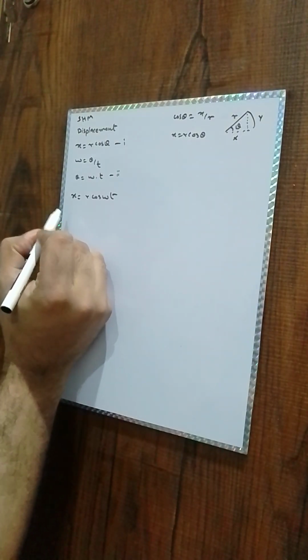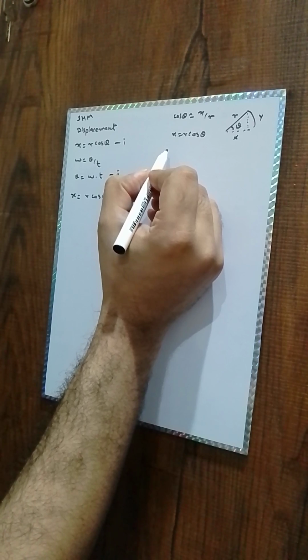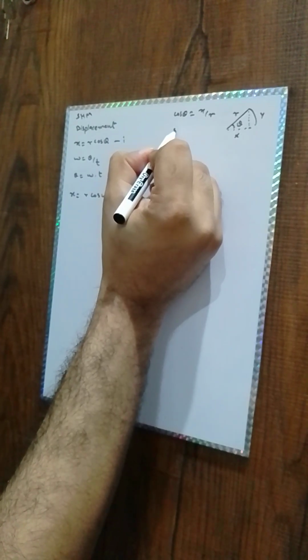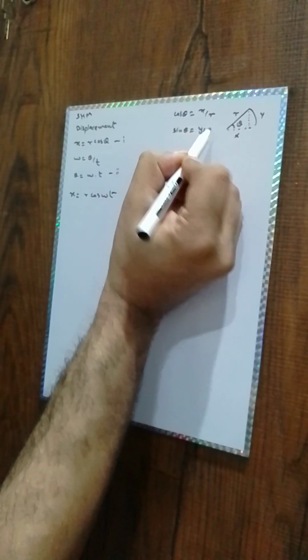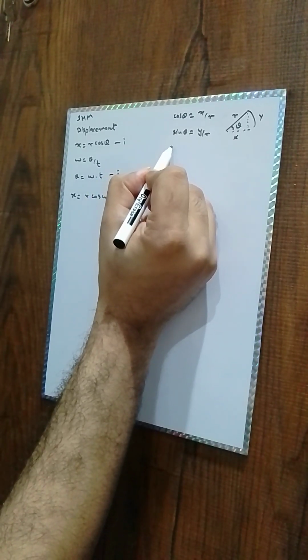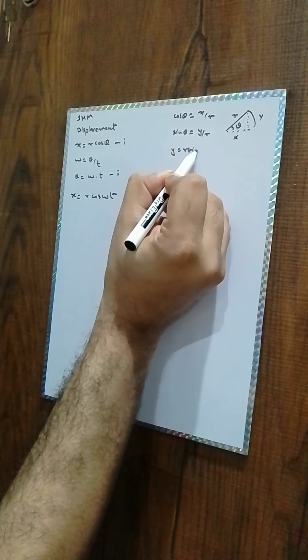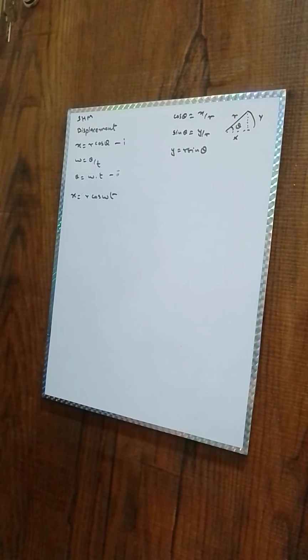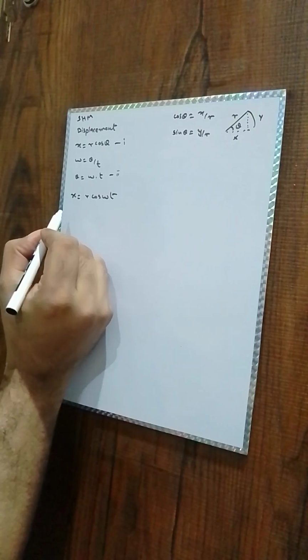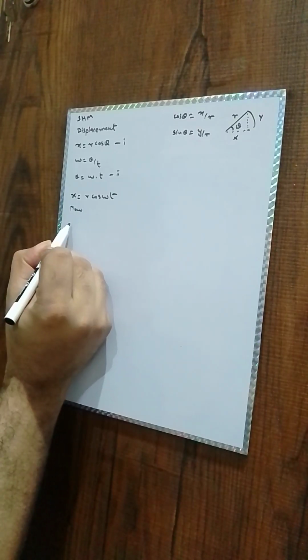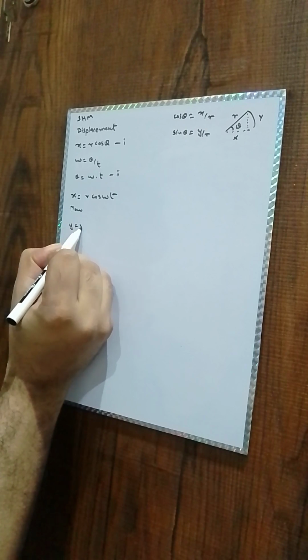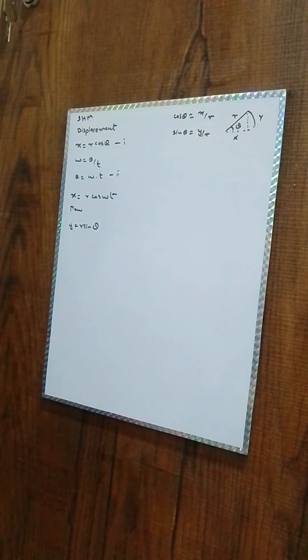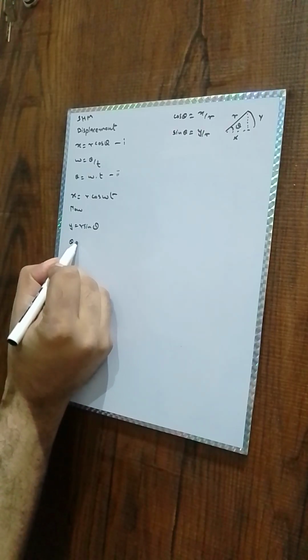Not to complicate things, but this can also be thought of as, see, sine theta is equal to y by r. So y is equal to r sine theta. Now y is equal to r sine theta in terms of the vertical component.